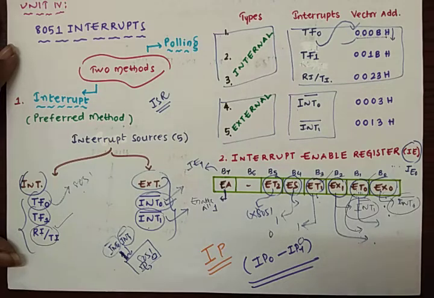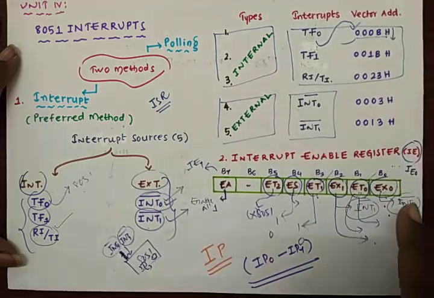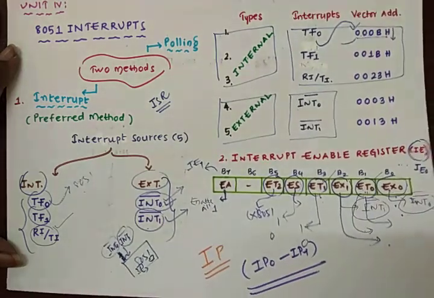Whenever the 2 interrupts have the same priority, we go for the alternating polling method to find which interrupt has to be serviced first.